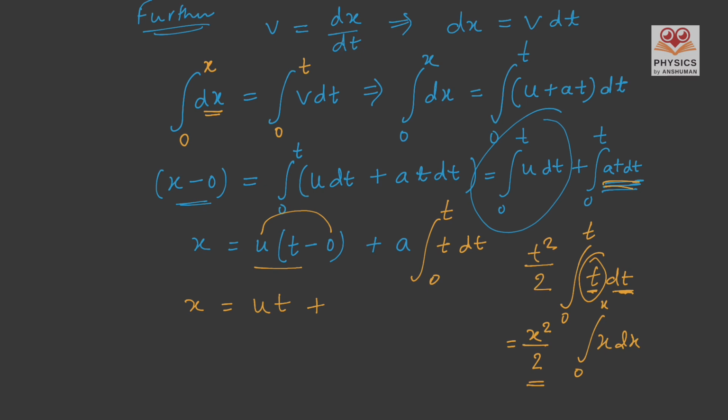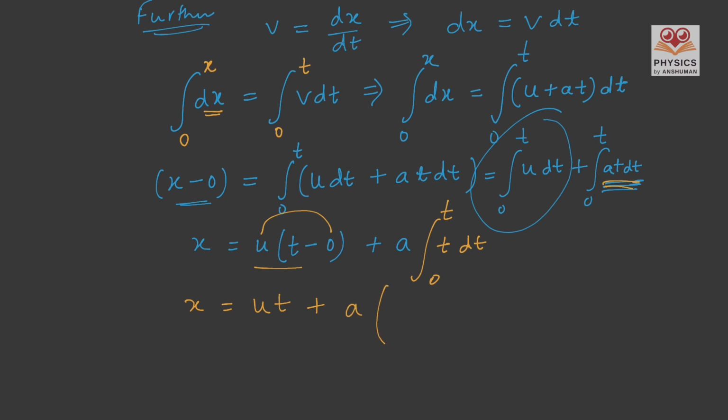Okay, now let's erase this part and let's focus on our equation. So this equation will become a, and this quantity is now t square upon 2. And further we can write x is equal to ut plus half a t square, and this is our second equation.